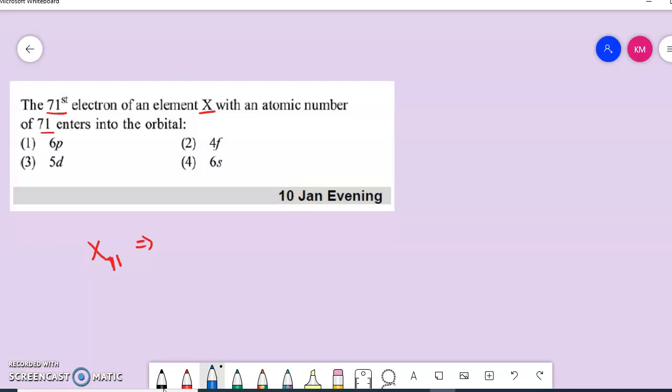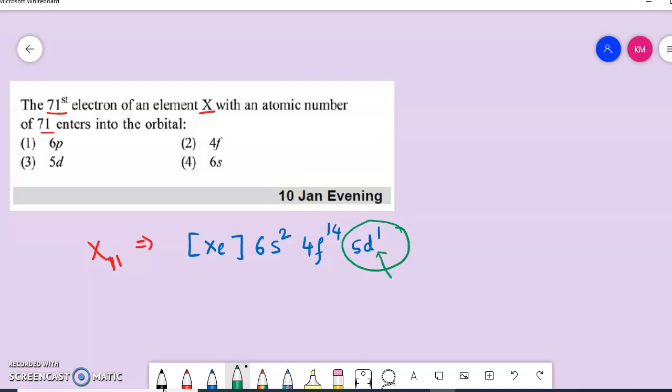So you can write the electronic configuration. The electronic configuration is xenon 6s2 4f14 5d1. So if you observe it, children, this is the last electron. Mention it over here. So that is 5d1. The last electron enters into 5d. So option 3 is the correct answer for this.